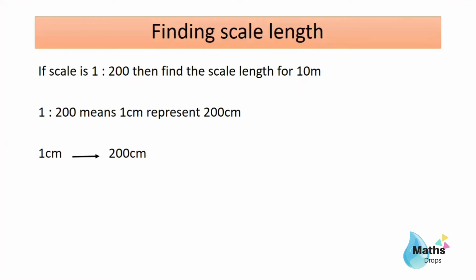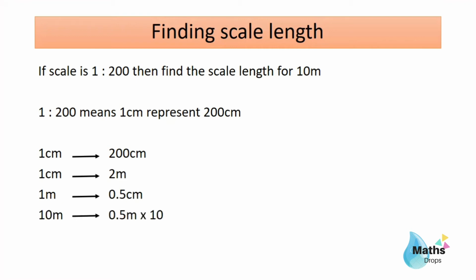Then 200 centimeters equal 2 meters. So we can get 1 meter represents 0.5 centimeter. Therefore, 10 meters is represented by 0.5 centimeter into 10, which is equal to 5 centimeters. Simply, we found the scale length.